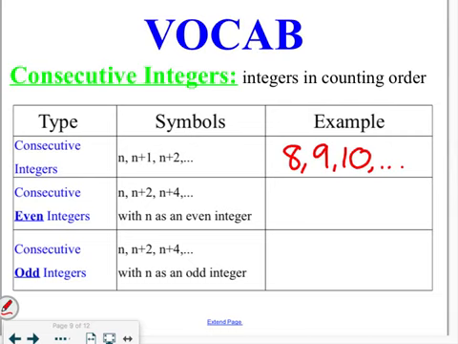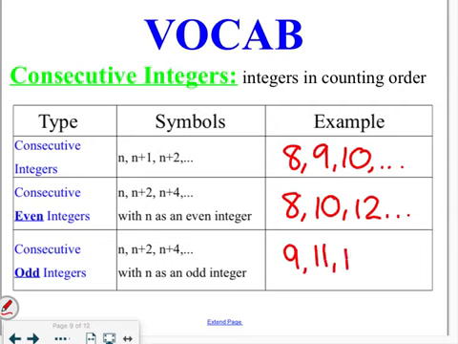So for example, again, if I pick n is equal to 8, n plus 2 gives us 10, n plus 4 gives us 12, and we continue going up every 2, starting with an even number. Same pattern works if you start with an odd number. So if I started with n is equal to 9, n plus 2 would give me 11, n plus 4 would give me 13, and I would be able to keep going with my odd numbers.